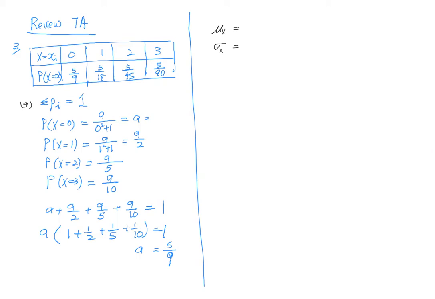Second mode, stat, calculate, one-variable stats. Can someone tell me the mean? 0.666666667. Is that correct? Yes. Okay, what is the standard deviation?